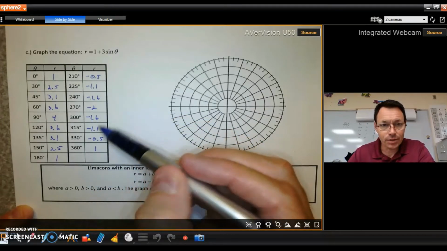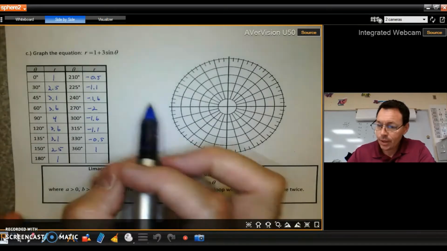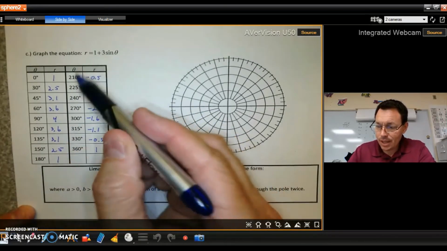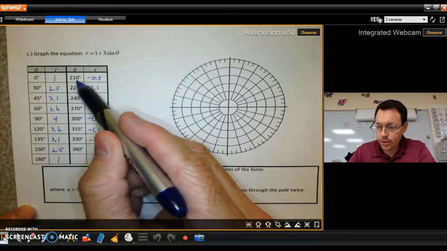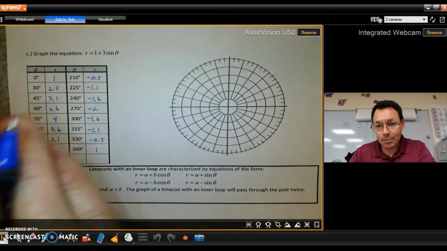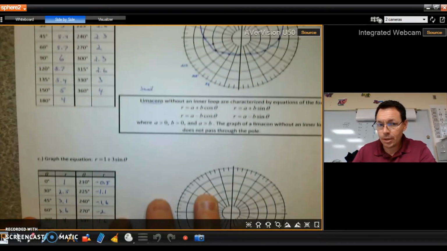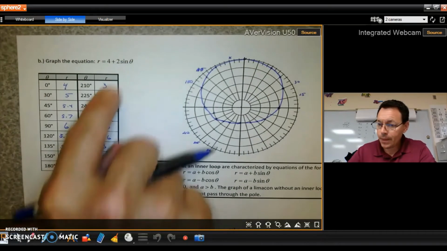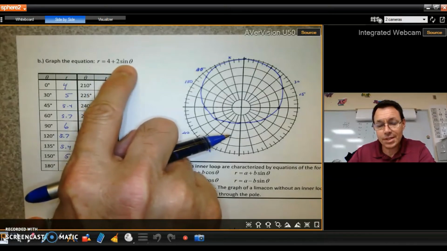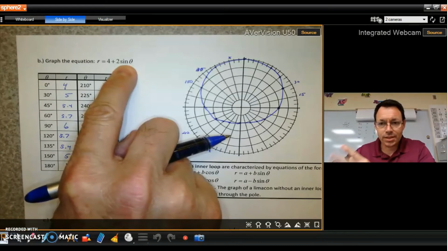If you got negative answers, you did not do anything wrong. Okay? When you take the sine of these angles that are in quadrants 3 and 4, you get negative values. Same thing happened on the one before. But on the one before, those negative values were getting multiplied by 2. These negative values are always less than 1, like negative point something.